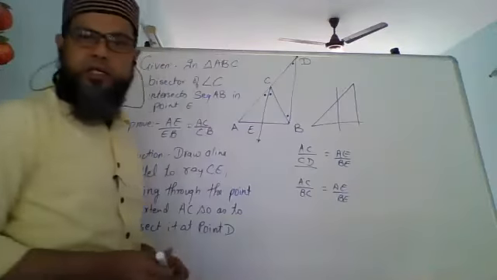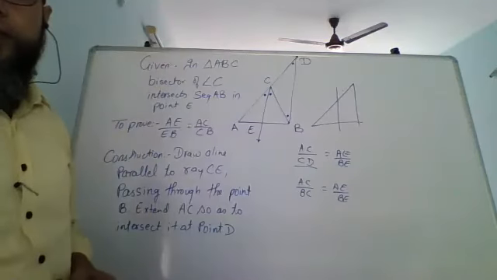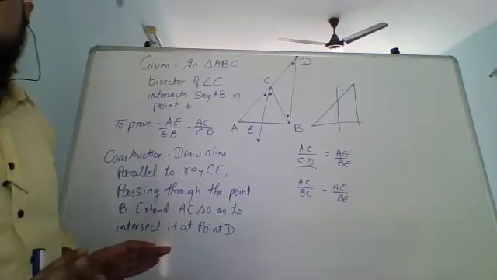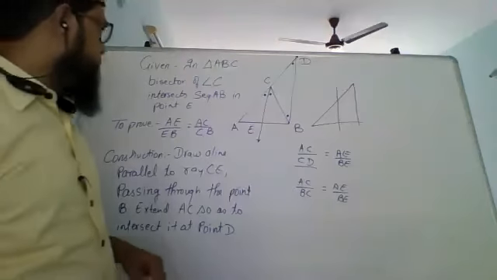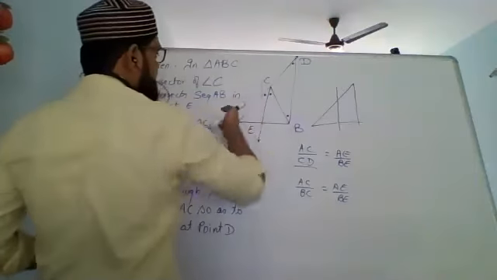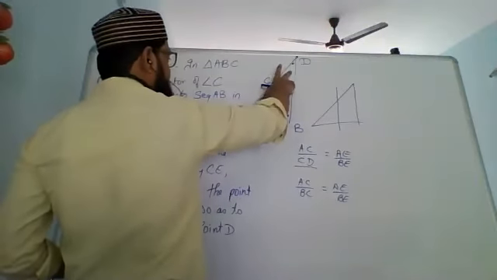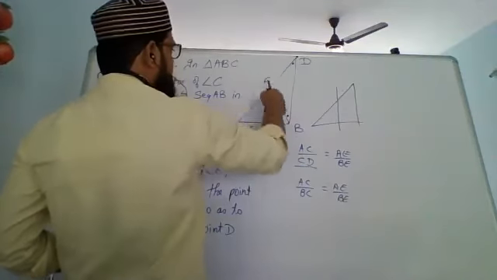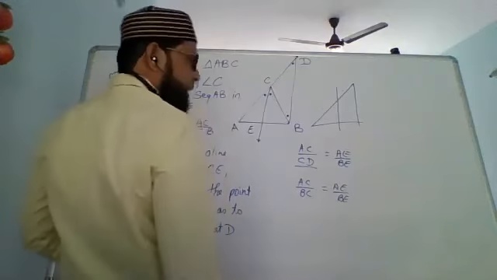Is this clear? This is how we are going to prove it. The steps are simple, not very complicated. We'll first take that these two lines are parallel. This is the transversal. Therefore, these are corresponding angles, these are equal. These two lines are parallel, this is the transversal, these two angles are equal, alternate angles.